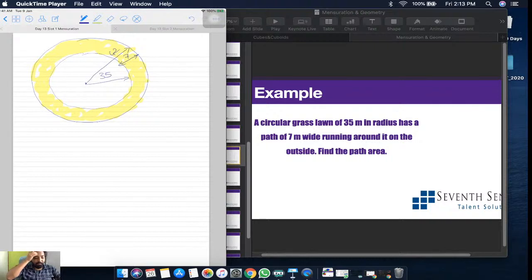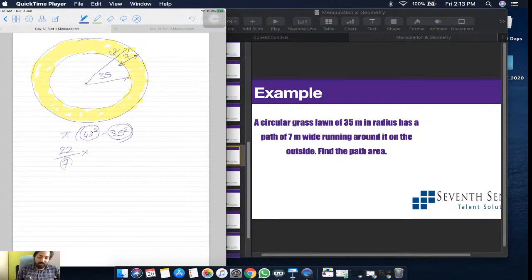What's the area of the path? Outer circle minus inner circle will give you the answer. Pi into 42 square minus 35 square. I'll write pi as 22 by 7 because these two are both multiples of 7, so it is easily divisible by 7.